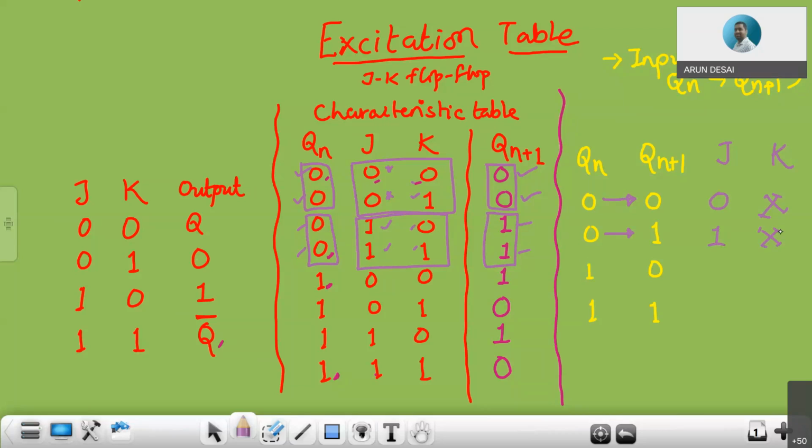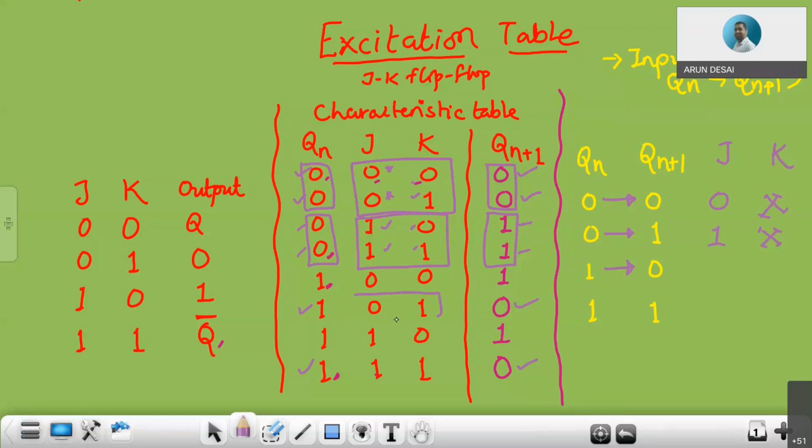Now next, my current output is 1 and my next output is 0. Here again, my current output is 1 and next output is 0, right?